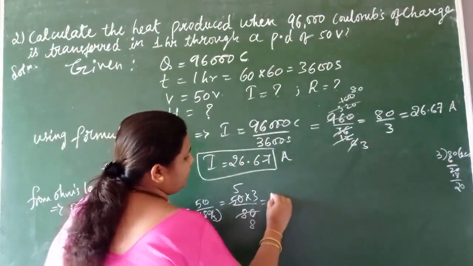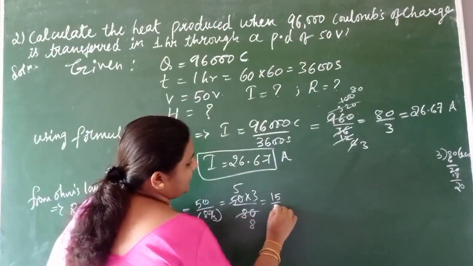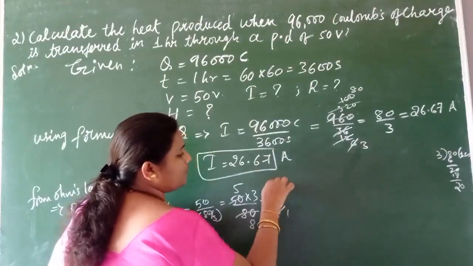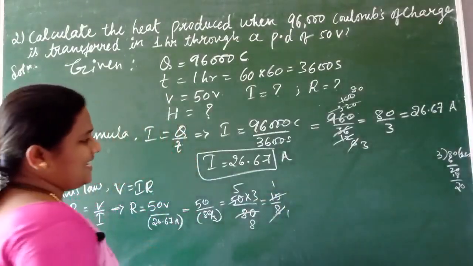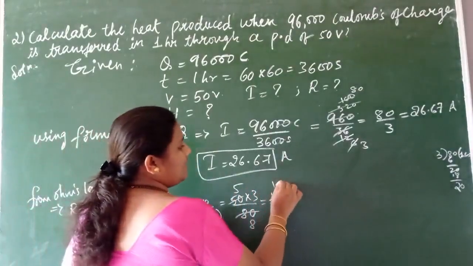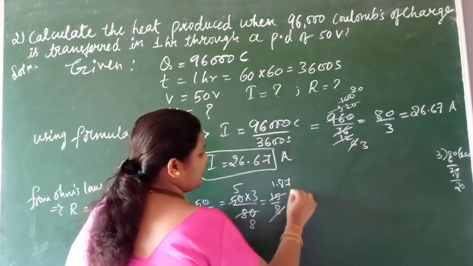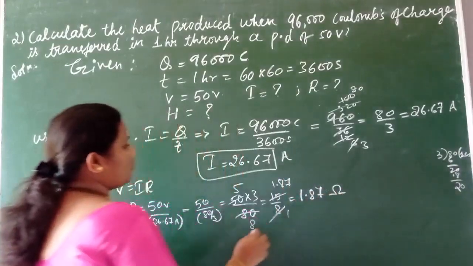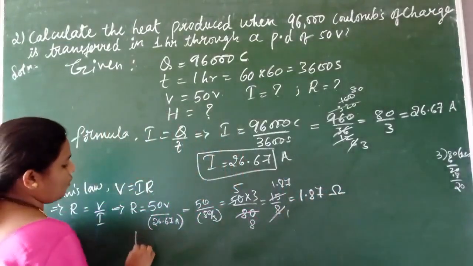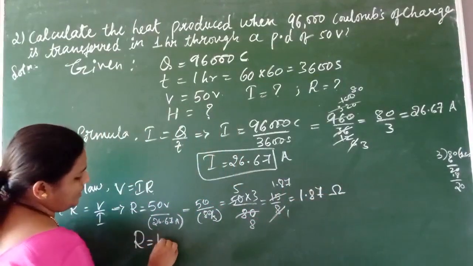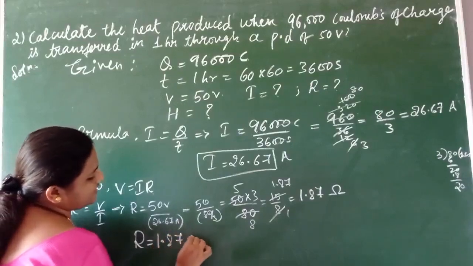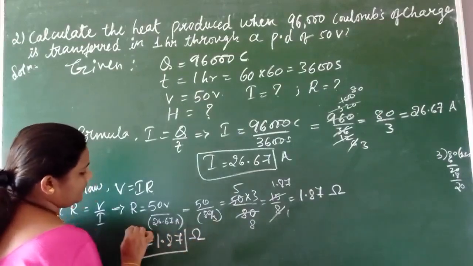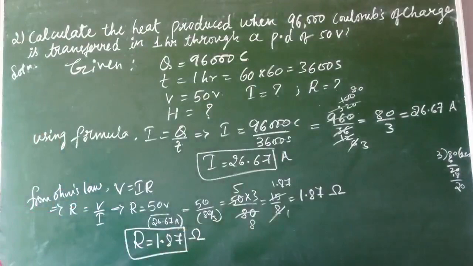Now 15 divided by 8. 8 ones are 8, then 7 has remained, and continuing the division we get 1.87 ohms. So what is the R value, children? 1.87 ohms is the resistance value.